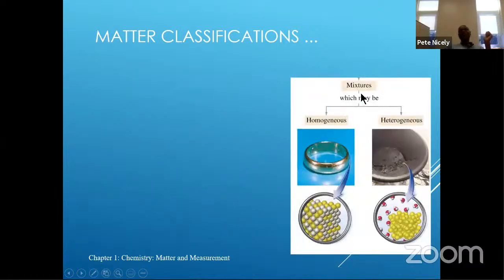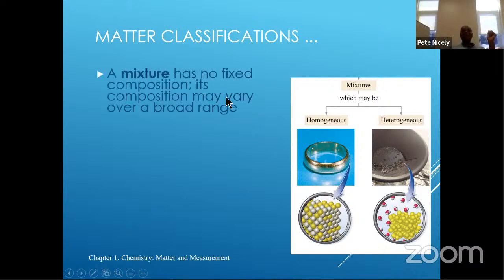Then as far as the other side of that diagram is concerned, we have mixtures, all right? Which is the other category that we can identify among the broad group of substances. So the definition of a mixture is that it's a physical combination of 2 or more substances. And what you'll find that is characteristic of mixtures is that it has no fixed composition, all right? So for example, you could have a mixture of, let's say, ethanol and water.